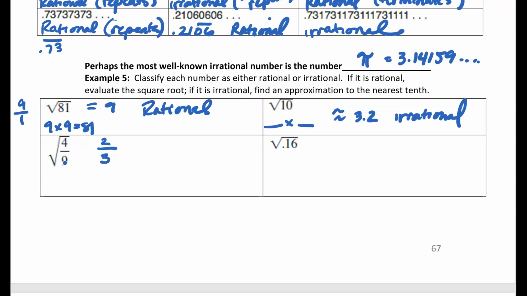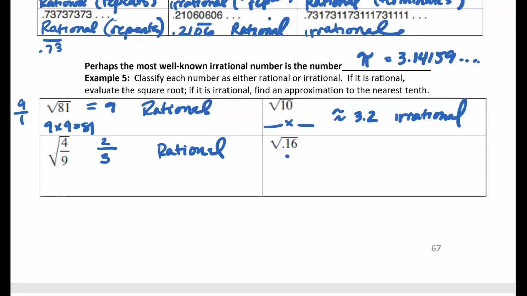So we get an answer here. This is a rational number. The square root of 4/9 is not a whole number, so it doesn't have to be whole, but we do have to be able to find a square root for those numbers. This ends up working because 4 and 9 are both perfect squares. So the key is looking for perfect squares.